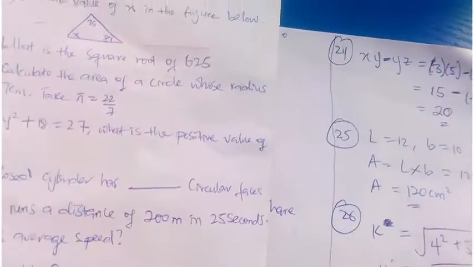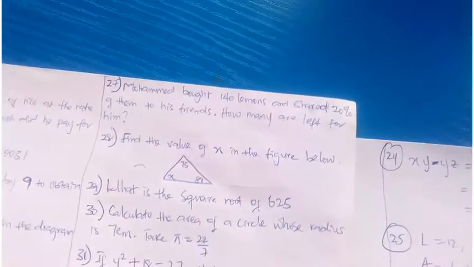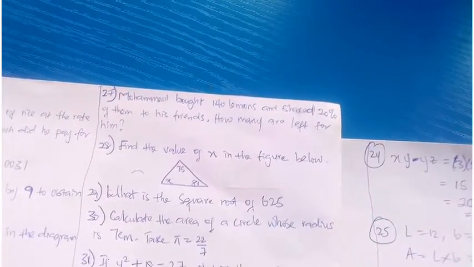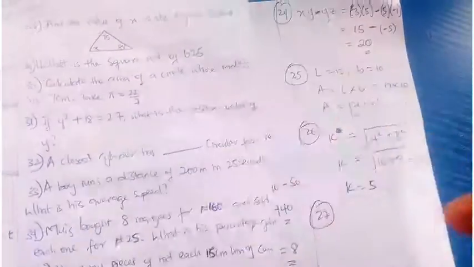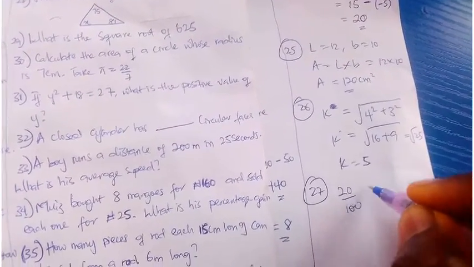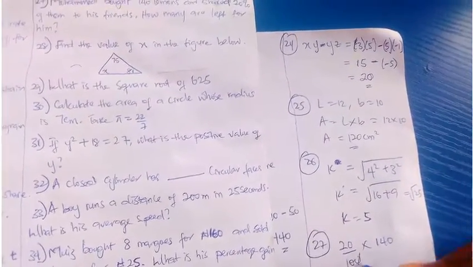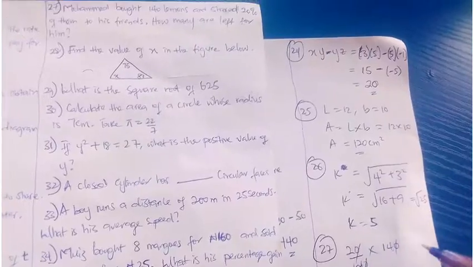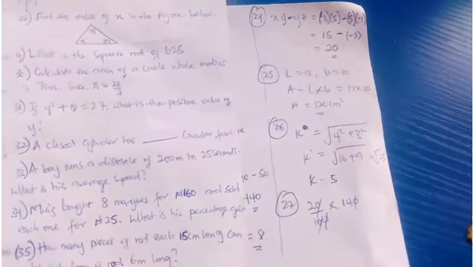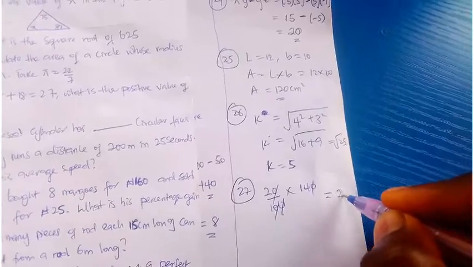Question 27 says: Mohammed bought 140 lemons and shared 20% of them with his friends. If he bought 140 lemons and shared 20% of the lemons, that's 20 over 100 times 140. So this 0 goes for this 0, and 2 times 14 is 28.